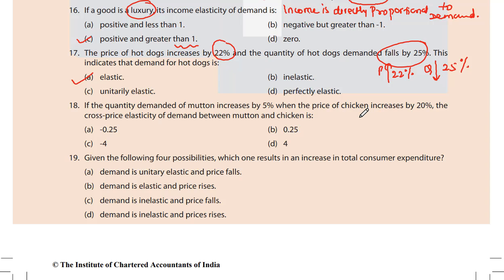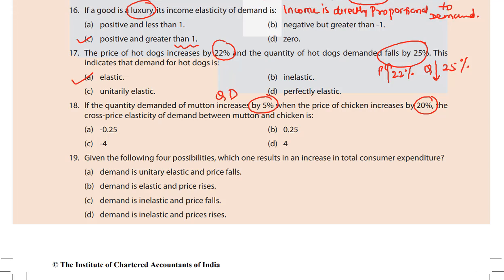If the quantity demanded of mutton increases by 5% when the price of chicken increases by 20%, the cross price elasticity of demand between mutton and chicken is: A, negative 0.25; B, positive 0.25; C, negative 4; and D, positive 4. We need to calculate this.